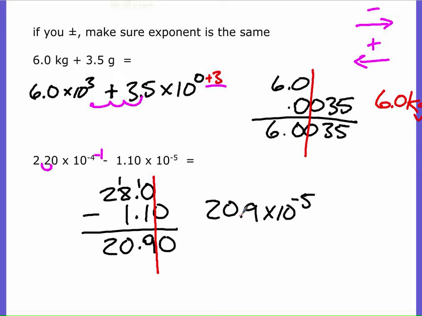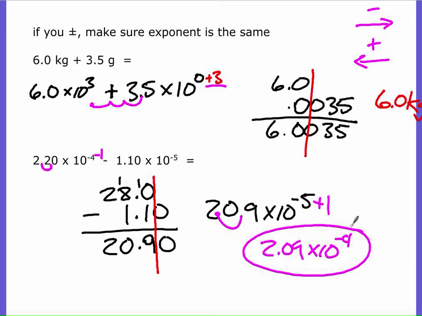So I'm going to have to move this decimal to be behind the 2, so I only have one non-zero number in front, and I'm going to have to adjust my exponent appropriately. Since I moved the decimal to the left, I'm going to add 1. Remember that tool that I put top right, because it's useful to have that and remember that. So actually my answer for this one is going to be 2.09 times 10 to the negative fourth.